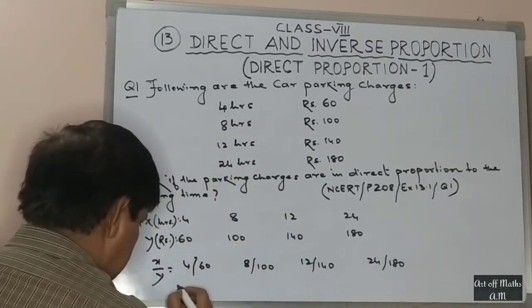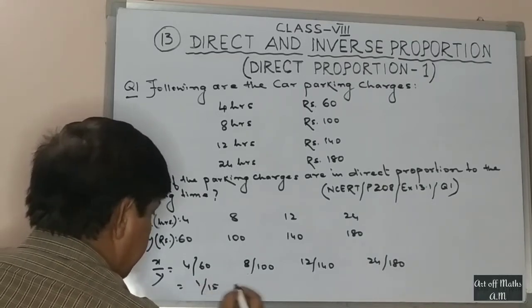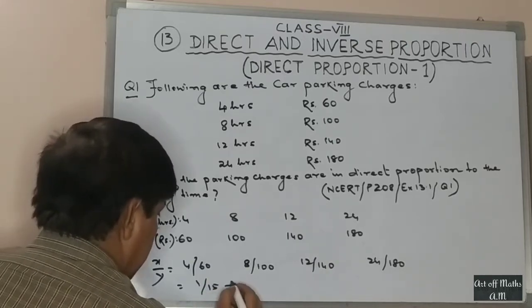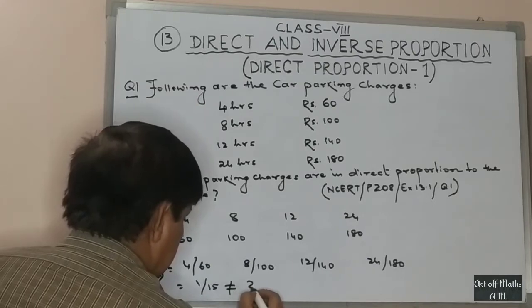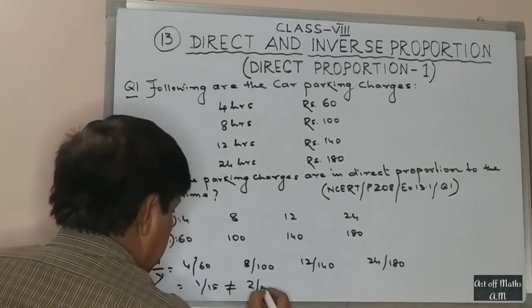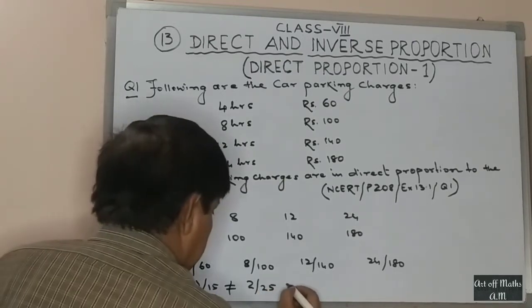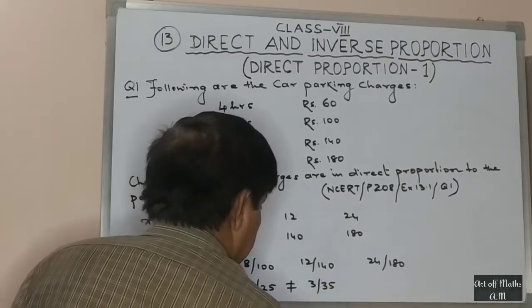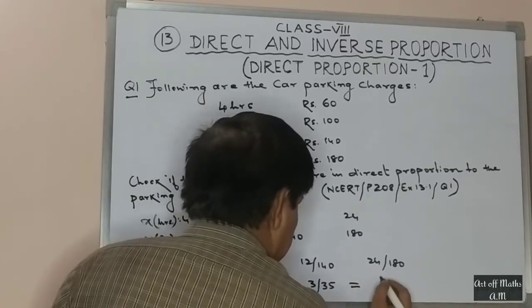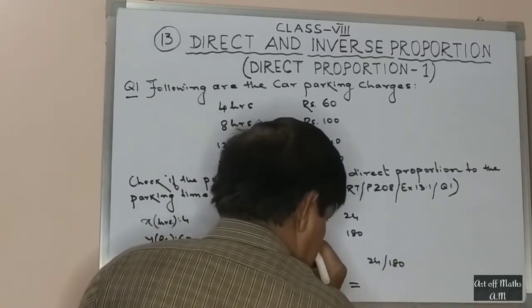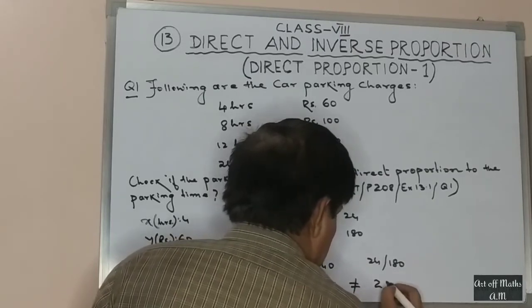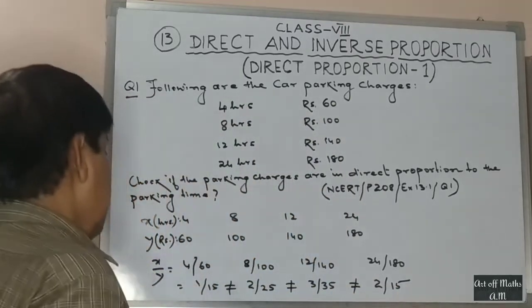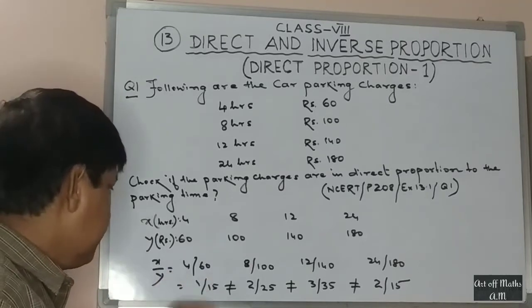Now 4 by 60 equal to 1 by 15, which is not equal to 2 by 25, which is not equal to 3 by 35, and which is not equal to 2 by 15.